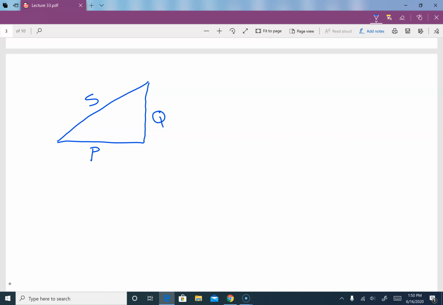And this is our theta, which is theta V minus theta I. So S squared is equal to P squared plus Q squared. Also, cosine theta, which is the power factor, is equal to P divided by S.